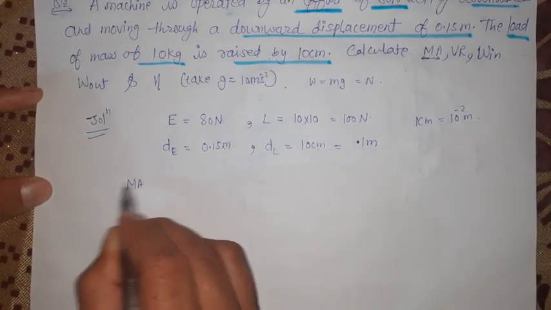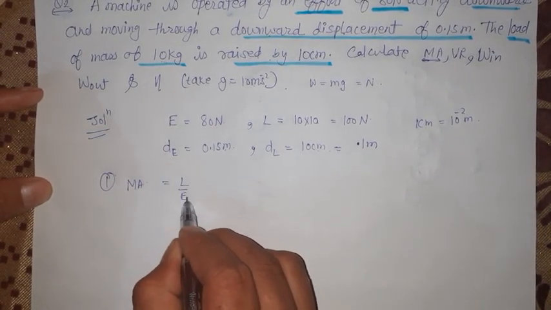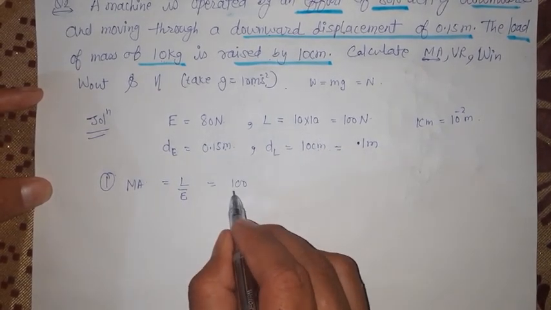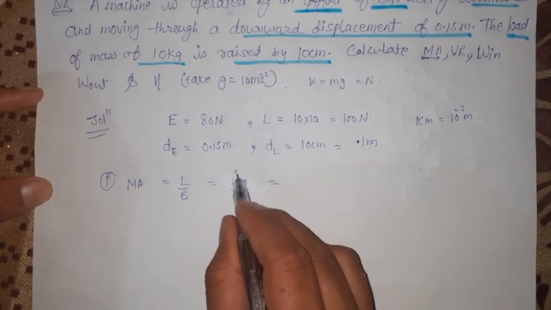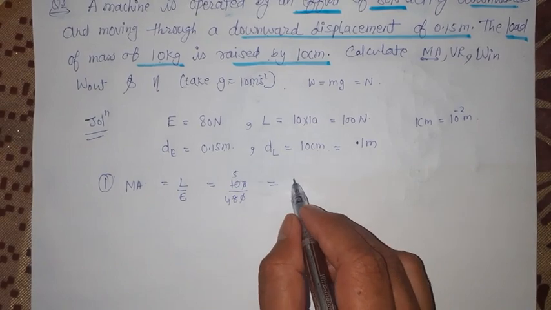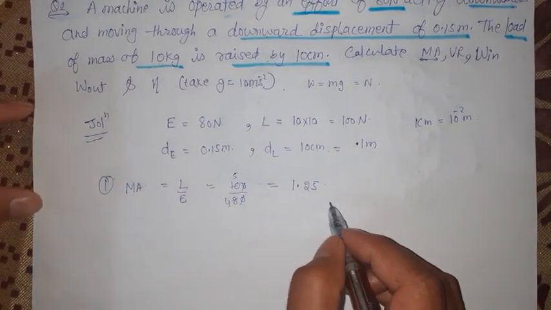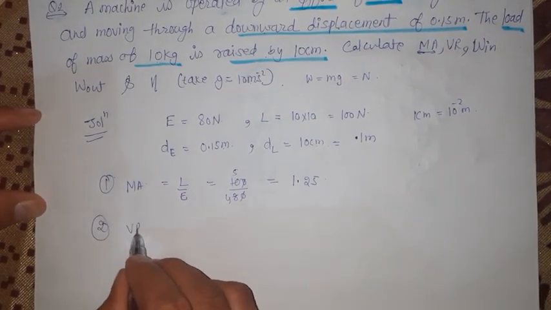So mechanical advantage, student, the first thing I am going to calculate. It is given by load to effort. How much is the load? Load is 100 Newton, and effort is 80, and when these cancel, I get 1.25. This is the mechanical advantage. Now the second thing, velocity ratio.